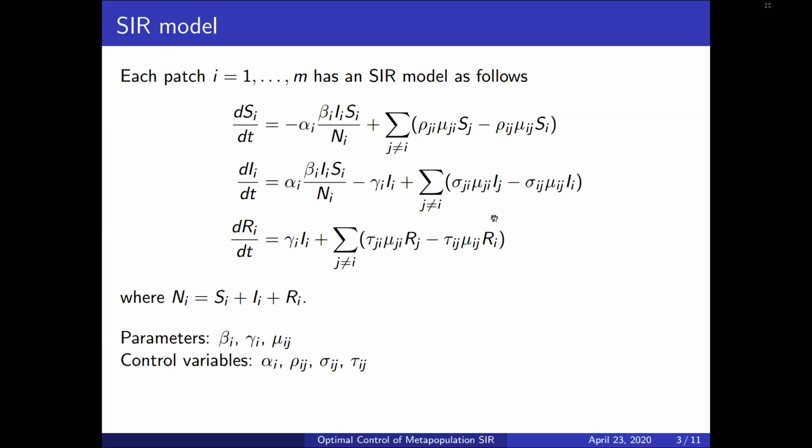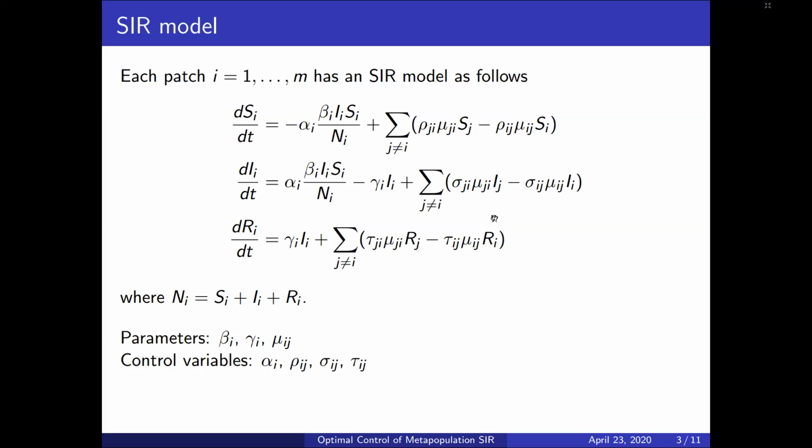And the population size here is just N_i. And then we have these parameters, beta_i, gamma_i, which are just the normal infection and recovery rates, and they may depend on the city or the patch. And then the mu_ij is the standard travel rate between different patches.